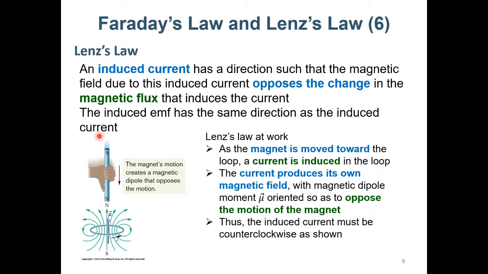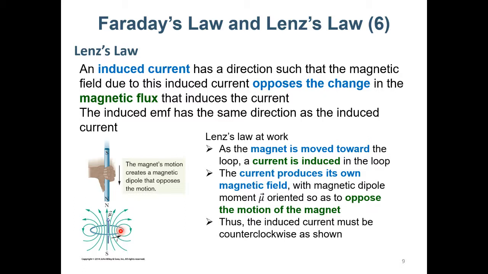Here it means, just now we know that if we have a magnetic bar here and we try to change the magnetic flux through this loop, it will generate an electromotive force, and this electromotive force will also generate a magnetic field.